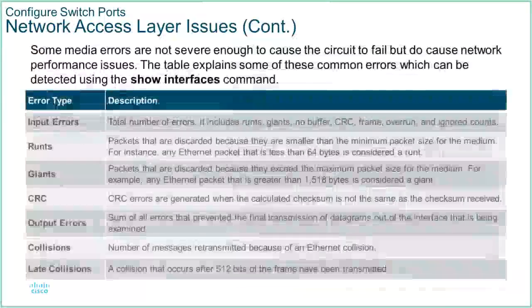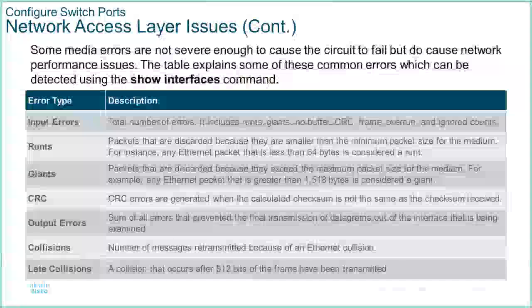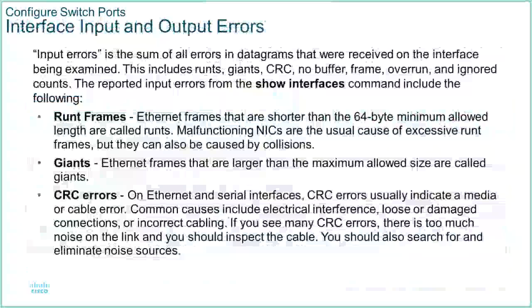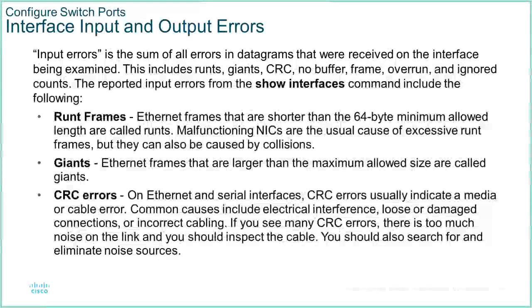So the slide I'm going through shows what all those little lovely things are. Talked about it already, so I'm not going to go over them again, because there's 65 slides to go through on this one, so we need to motor on. Runts, giants, and CRC errors are available as per the show command.